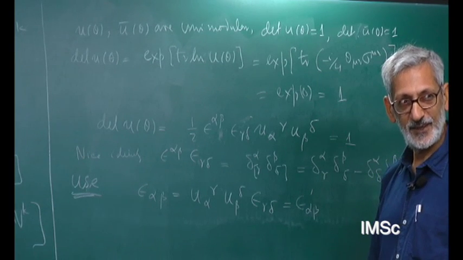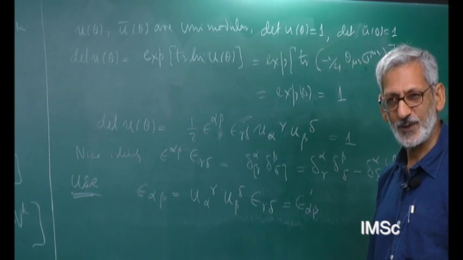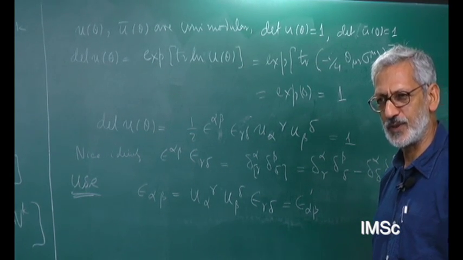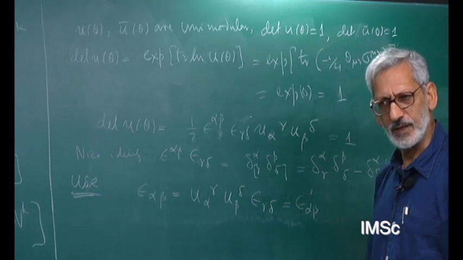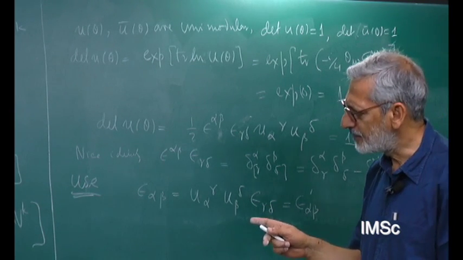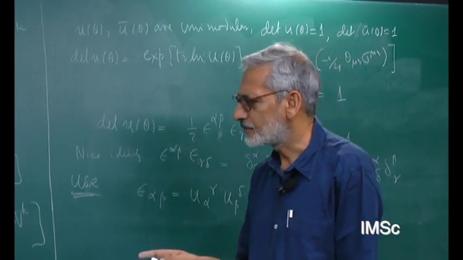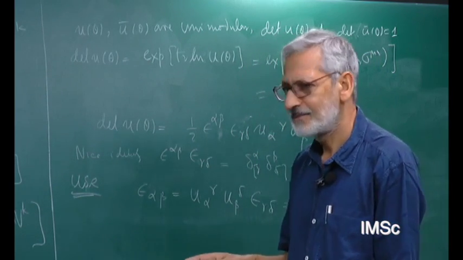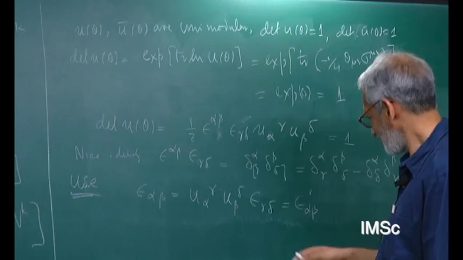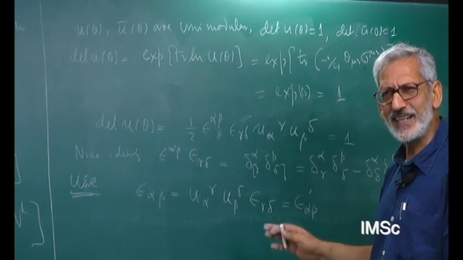Somebody has an idea, yes. Determinant of epsilon is minus 1? Oh, no. Determinant of epsilon is 1, right? Okay, if there is a sign error, correct it.